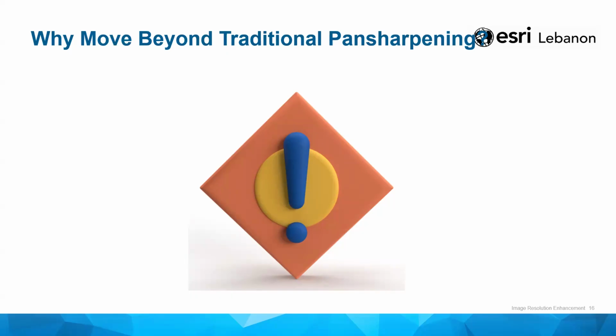They also introduce spectral error, especially in vegetation, water, and built-up areas, that makes them risky for any analysis that depends on accurate reflectance. Bottom line, traditional pansharpening is great for pretty imagery, but not trustworthy for quantitative work. That's exactly the gap deep learning super resolution is designed to fill.